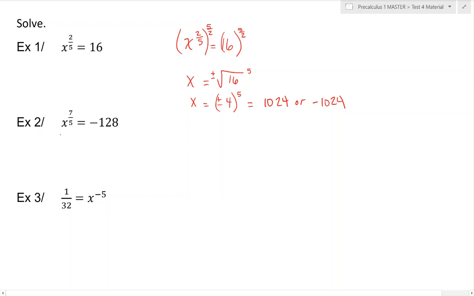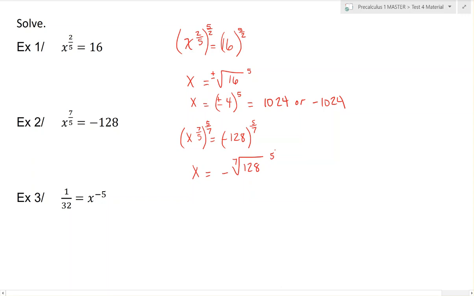All right, on this one, x to the 7/5 is equal to negative 128. What we'll do is raise both sides to the power of 5/7. And we do not need to put a plus minus when we take that root, because we're taking a 7th root. X is going to be a negative 7th root of 128 to the 5th.